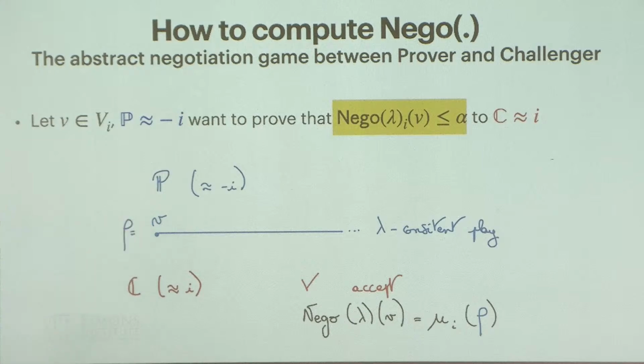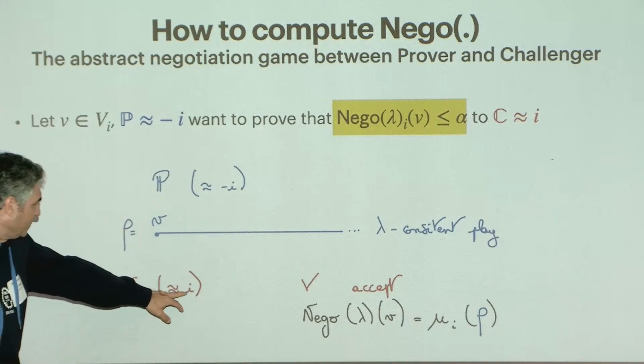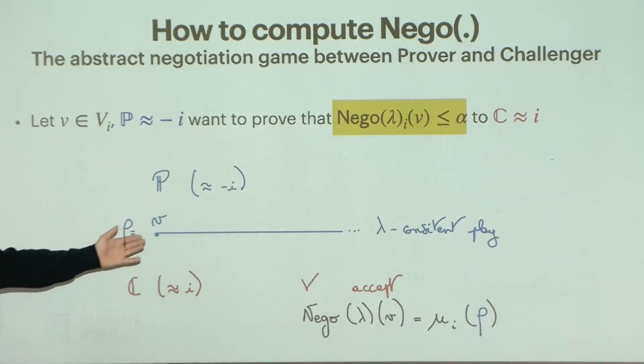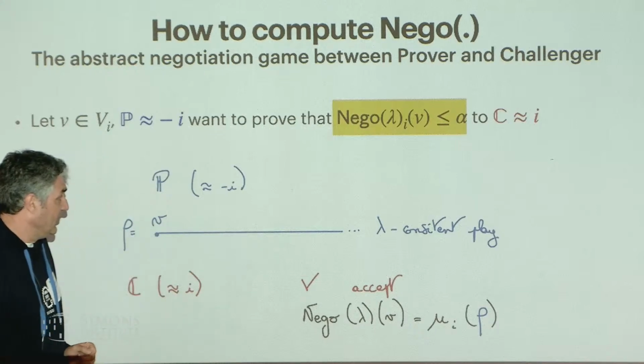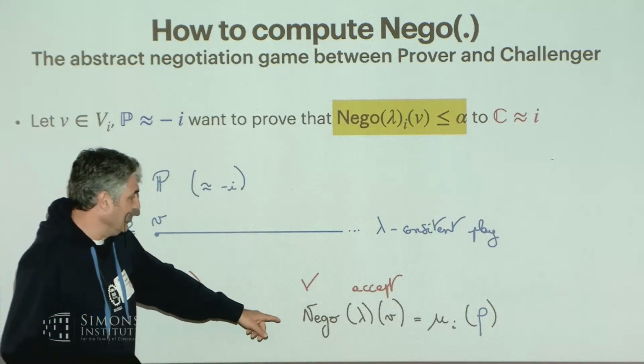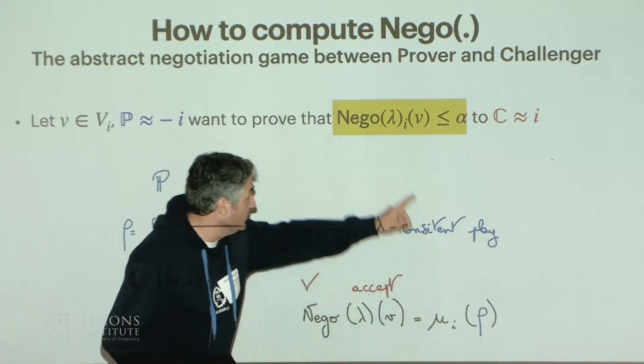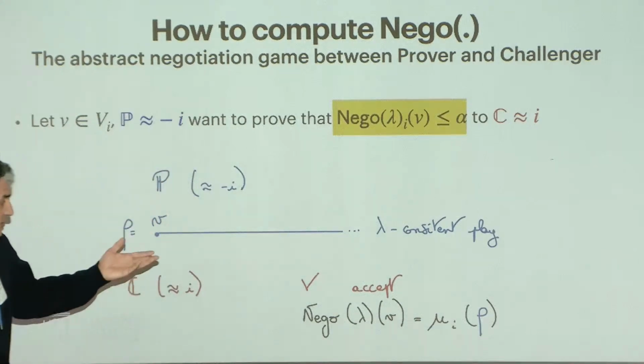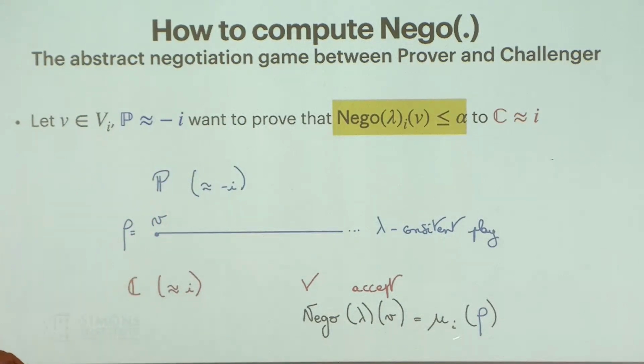I have no incentive as a representative of player I to deviate, and I accept your lambda consistent play. In that case, the value of the negotiation function for V will be the value starting from V for player I of this proposal made by the prover.